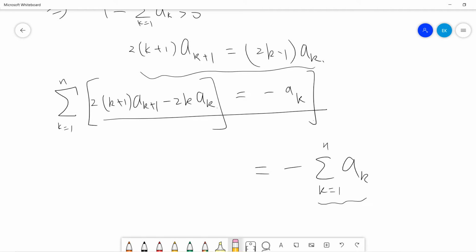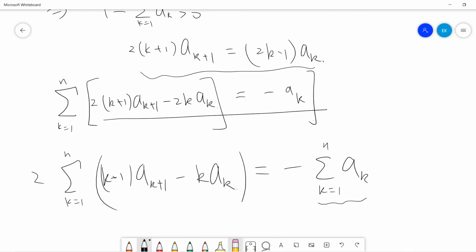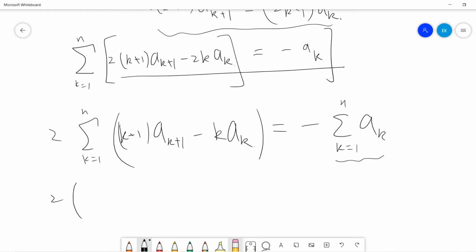Maybe we extract 2, so we get 2 times the sum from k equals 1 to n of (k plus 1) a_(k plus 1) minus k a_k. For k equal to 1, we get 2a2 minus a1. Then for k equal to 2, you get 3a3 minus 2a2.